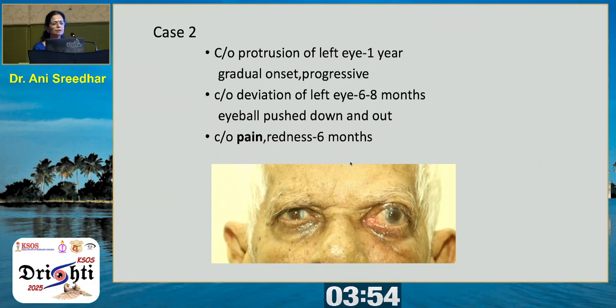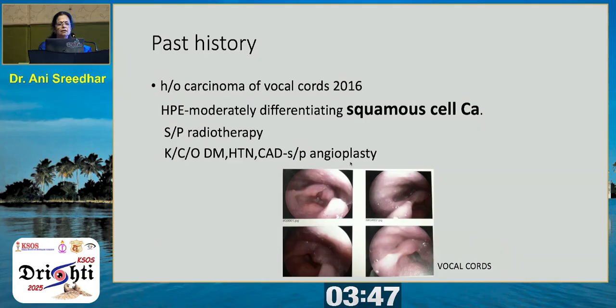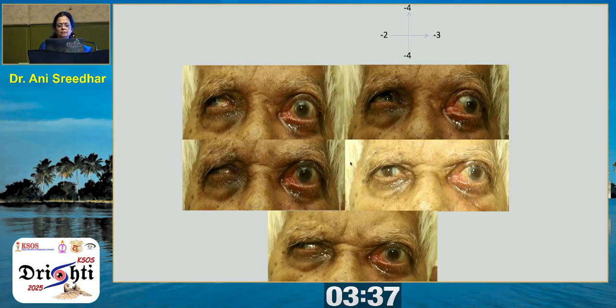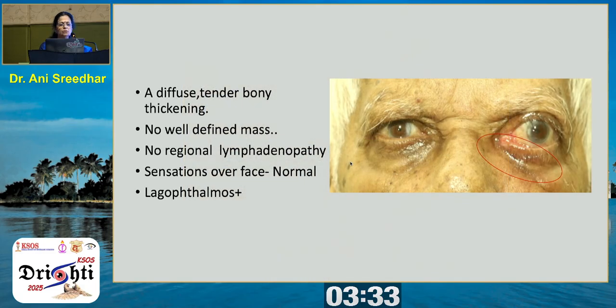So this was a man who came with a protrusion of the left eye for 1 year, with recurrent attacks of pain and redness, and he gave a history of carcinoma of the vocal cords, which was treated. It was a squamous cell carcinoma treated with radiotherapy, and he had all sorts of comorbidities. The extraocular movements were all restricted, and there was lagophthalmos.